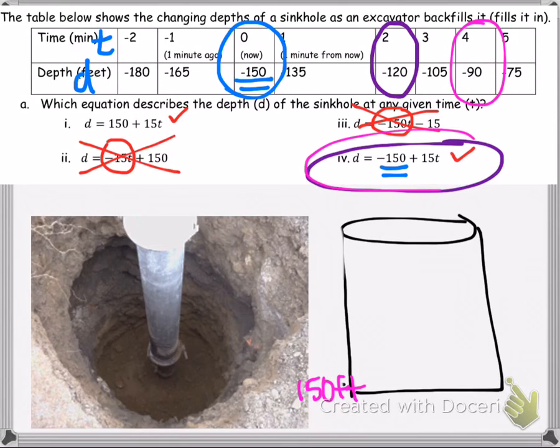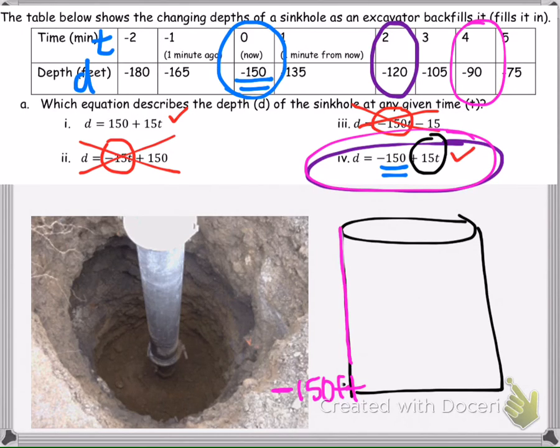So what this equation is saying is that there's a sinkhole that is 150 feet below the ground. That's what the negative represents here. And then the plus 15t represents that the depth is being filled 15 feet per minute.